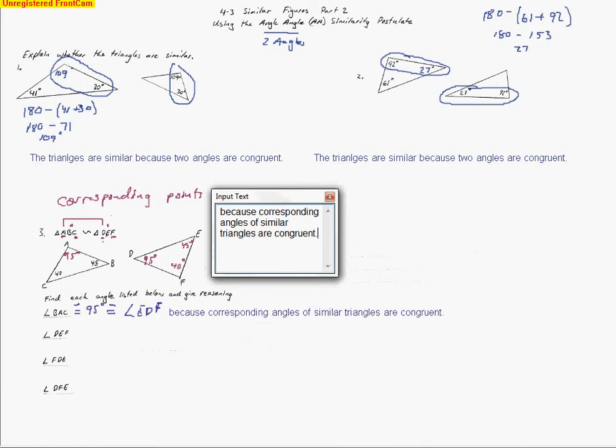So the angle BAC, this angle right here, is congruent to angle EDF, and the reason is because corresponding angles of similar triangles are congruent. That's a rule with similar triangles. The angles are always going to end up being congruent.